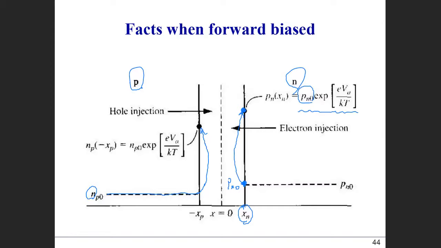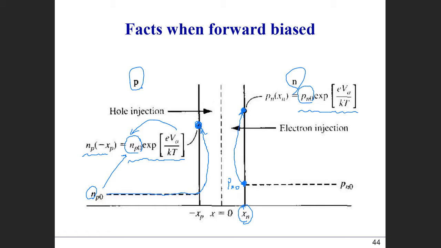And then that number is going to follow this equation, from NP0, the thermal equilibrium value, multiplied by exponential qVA over kT, okay? So that's the new value when you apply the bias in this junction, so you can calculate this concentration in here, okay?